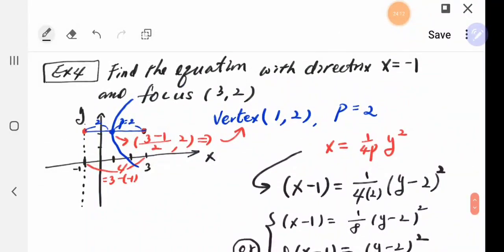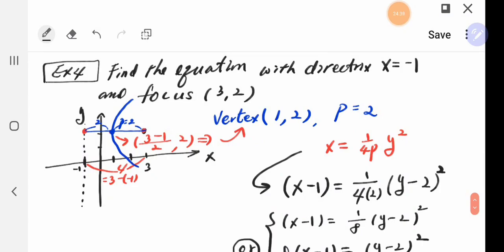So as a summary, graph this based on the given information, directrix and the focus. The vertex is right in the middle between the focus and the directrix. So find the vertex, and then by looking at the shape of the graph, if it opens to the right or left, then the equation is x equals something times y squared.